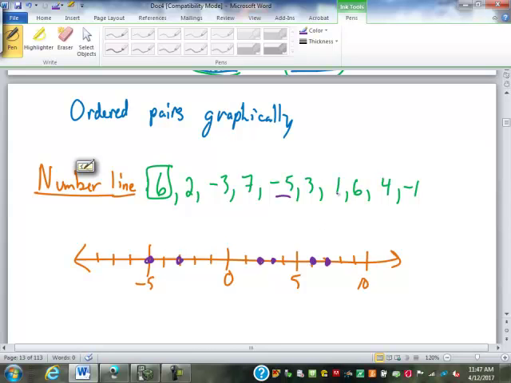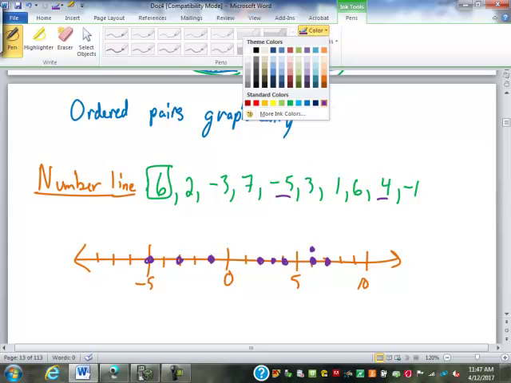Now 6 here, there's already a dot at 6, so I'd put a dot above it, 4, negative 1, and all these dots appear on this number line, representing those individual values, and we can tell very quickly which ones are represented more than once, because the dots stack up like that.